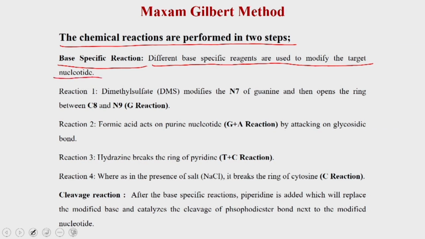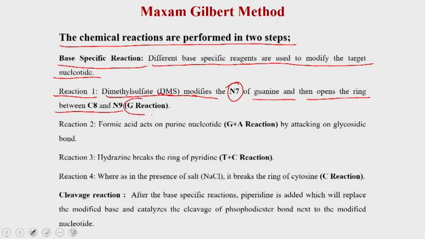Reaction 1 is done with dimethyl sulfate, which modifies the N7 of guanine and opens the ring between C8 and N9.